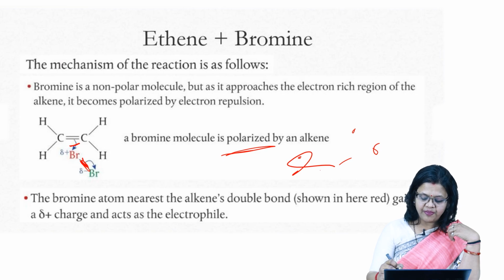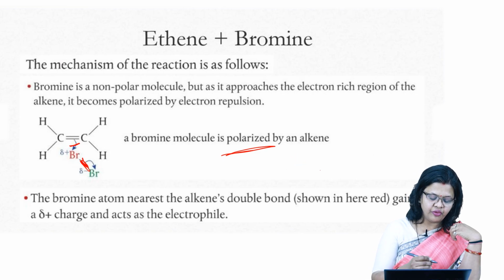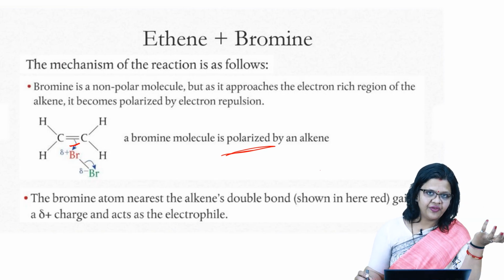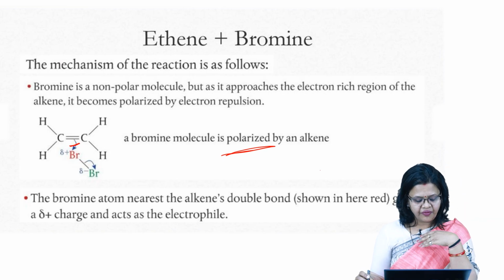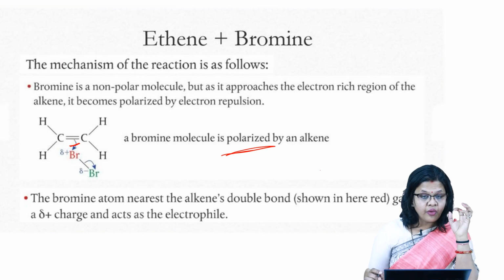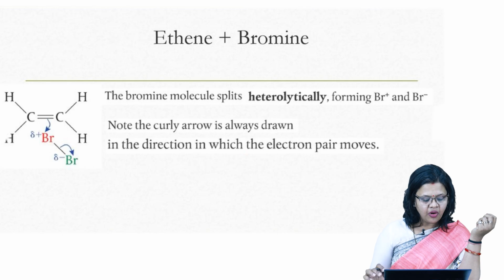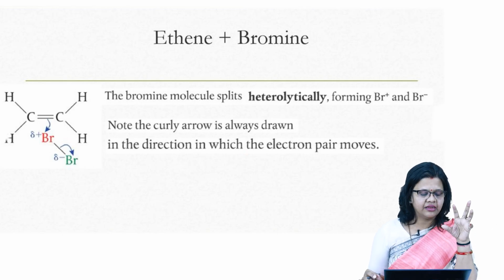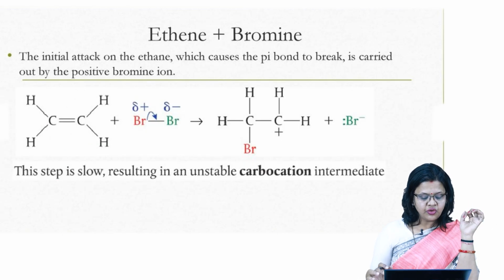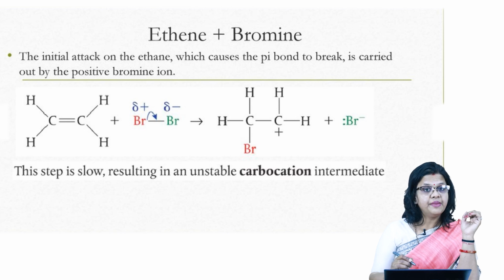When a partial positive charge and a partial negative charge are developed on this bromine molecule, one part acts as an electrophilic end and the other as a nucleophile. Now this bromine attacks the alkene carbon-carbon double bond, and this attack results in formation of an intermediate species.